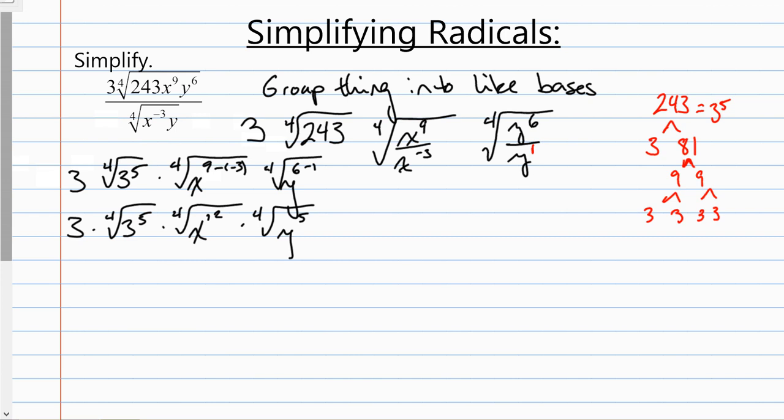So at this point, I want to break exponents into groups the size of the index.